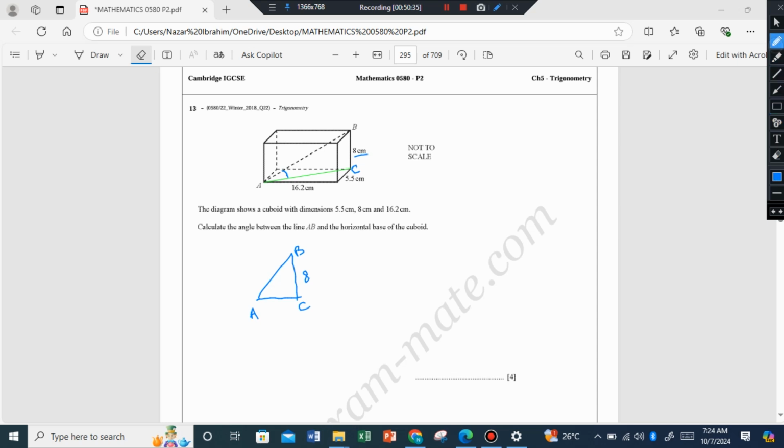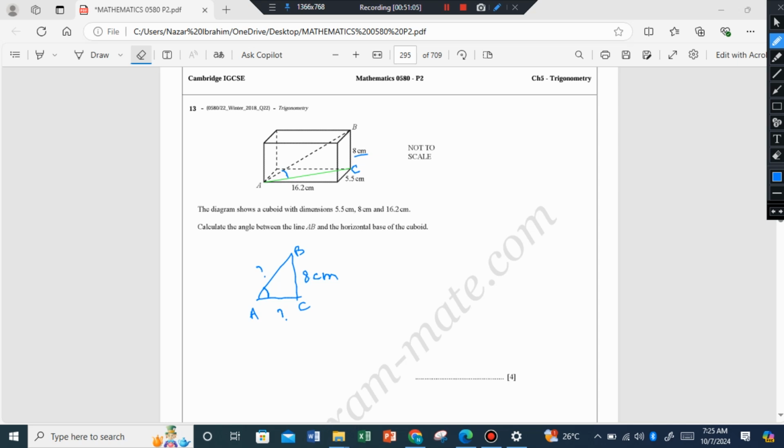We don't know AB, we don't know AC, and we have to find out the angle formed between the line AB and this AC, right? Which is basically on the horizontal base of the cuboid, right?